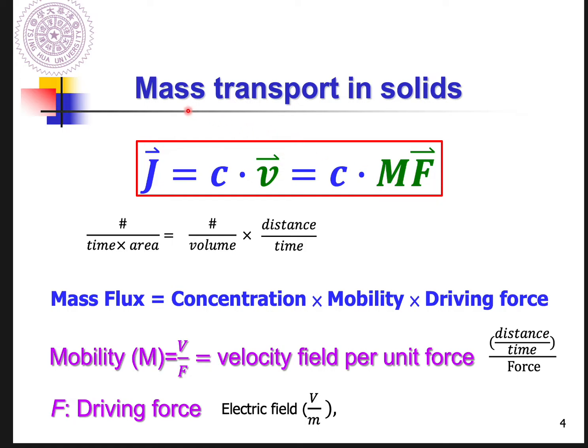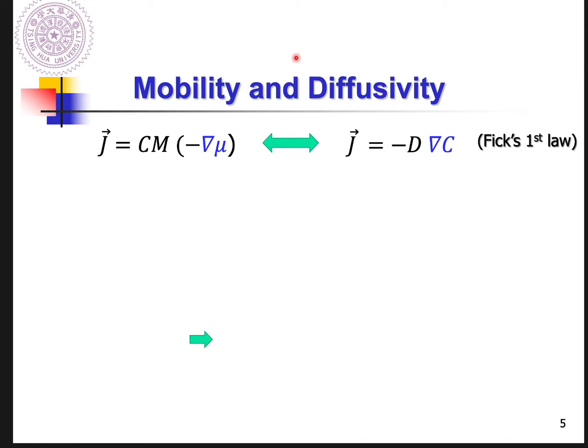So usually in a mass transport system, you can use either the diffusivity or mobility to describe your material; diffusivity or mobility is an intrinsic material property, especially in mass transport. So what's the relationship between the mobility and diffusivity?